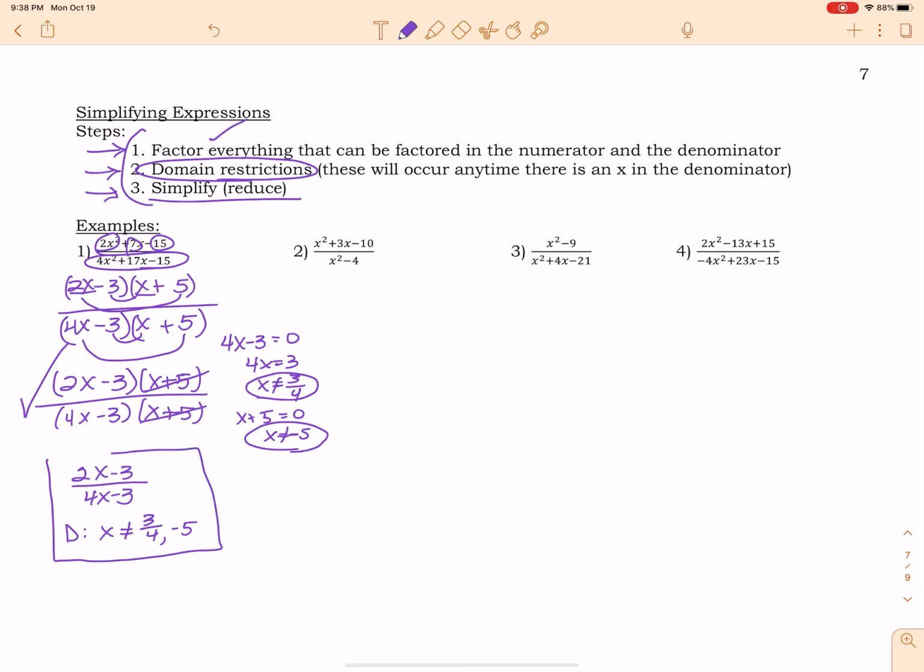This is my answer. Be careful, these x's cannot reduce because these are separated terms up here in the numerator and in the denominator. Factors can reduce, terms cannot. All right, moving on to the next one. I'm going to factor, always my first step here.